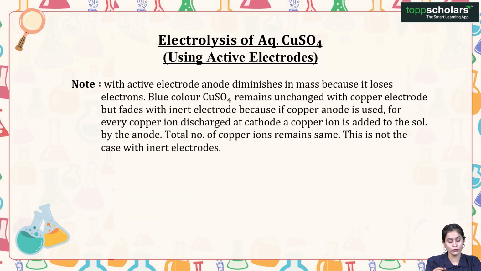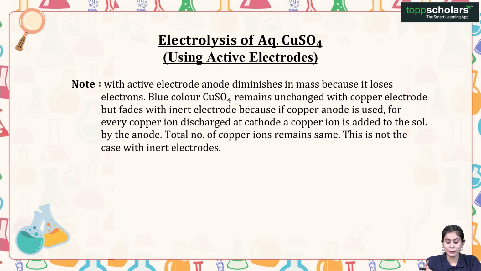So there is a note for this. With active electrode, the anode diminishes in mass. Why? Because it loses electrons. We saw that, right? Blue color of copper sulfate remains unchanged with copper electrode but fades with inert electrode, because if a copper anode is used, for every copper ion discharged at the cathode, a copper ion is added to the solution by the anode, correct?